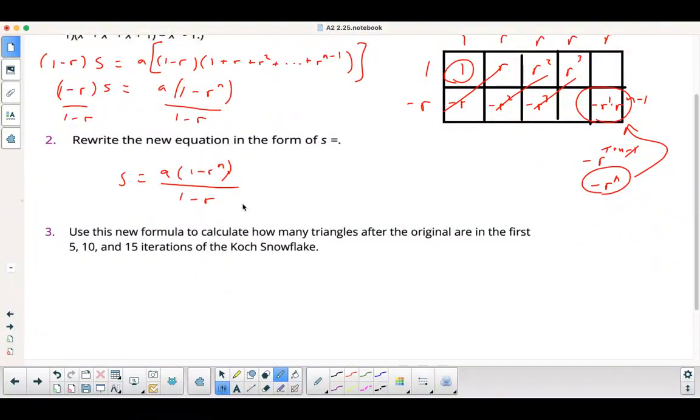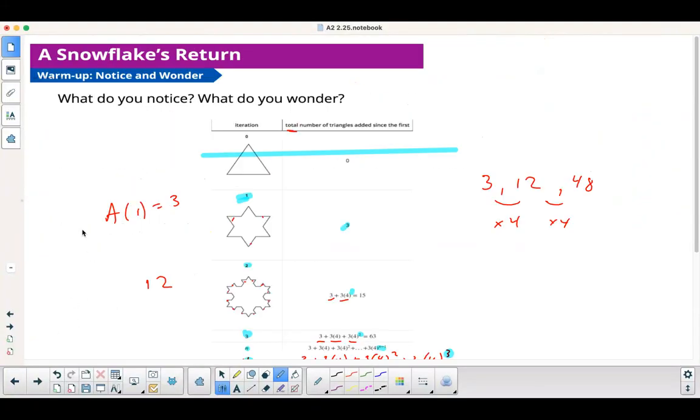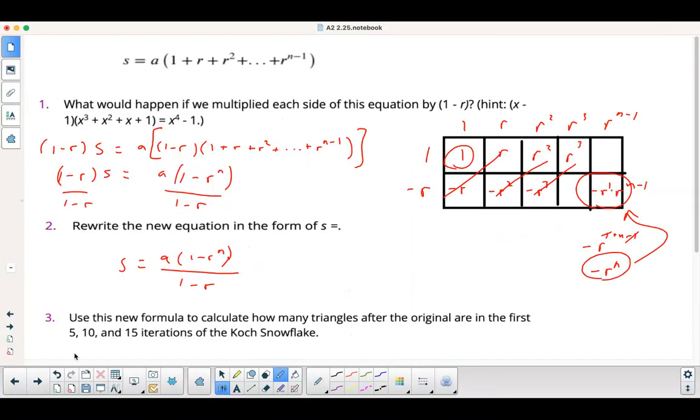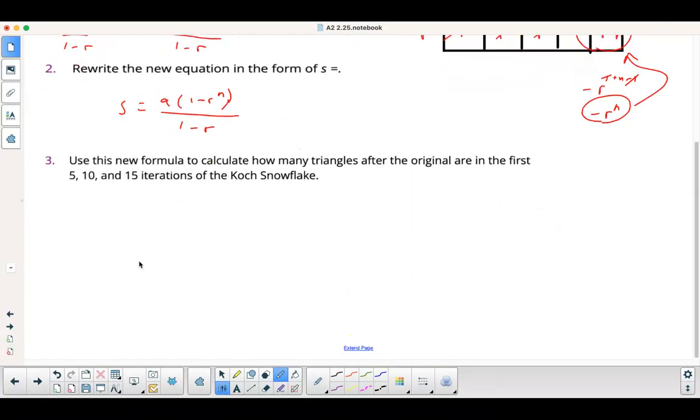So use this new formula to calculate how many triangles after the original are in the first 5, 10, and 15 with the snowflake example. So I go back here, here's my snowflake. And remember, we're finding the sum. We're not just finding the term number. So my initial value A is still going to be 3.